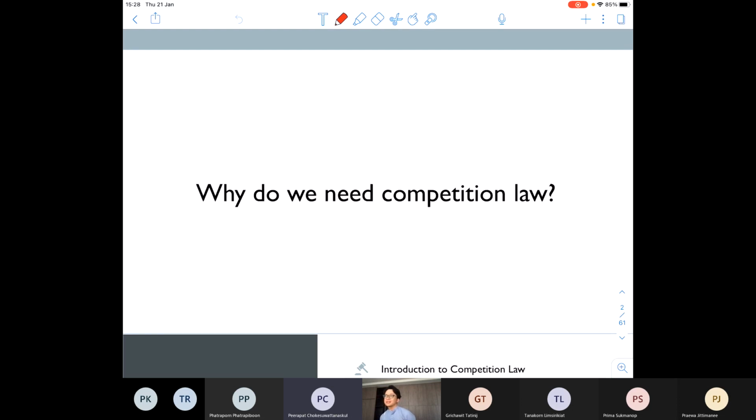There's no wrong answer. The presumption here is you never heard of competition law before. This is the first time ever. And someone says that, yeah, actually we should have this competition law, so the firms will compete. So essentially, another version of this question is, why do you want firms to compete?